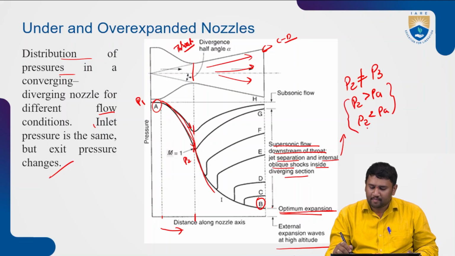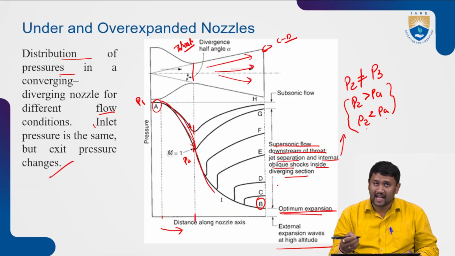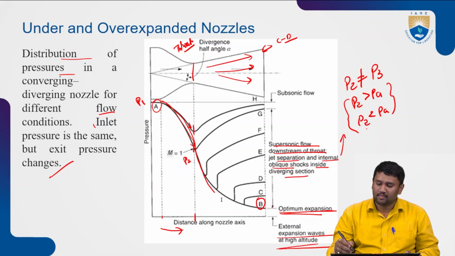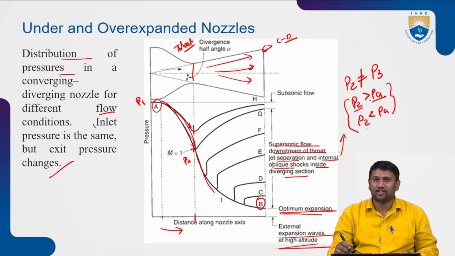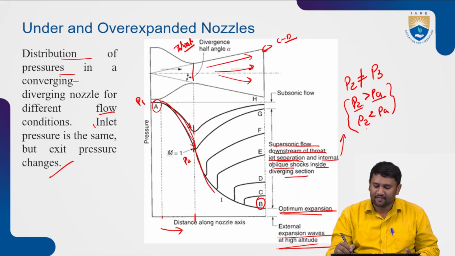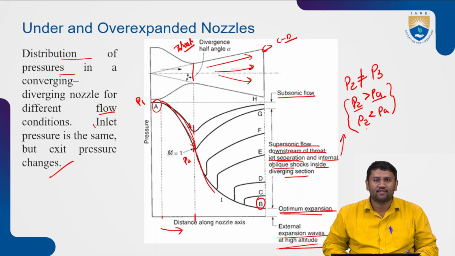If P2 is greater than PA, the gases coming out would tend to expand out, putting up more pressure. Now, if P2 is less than PA, the flow separation, particularly the jet separation, occurs and it creates internal oblique shocks. If the pressure is much lower at the CD nozzle, the flow converts itself into a subsonic flow.